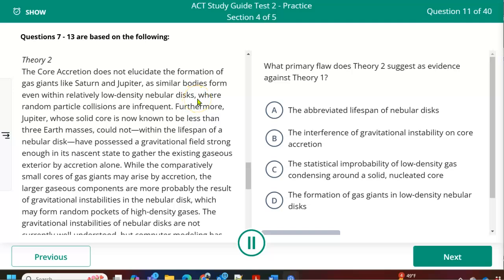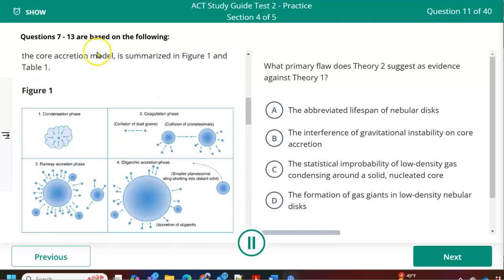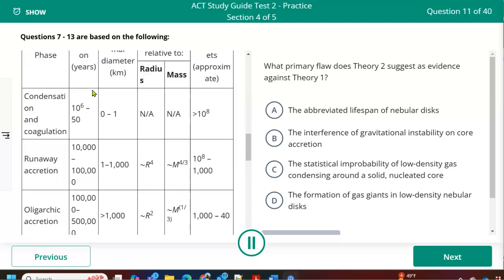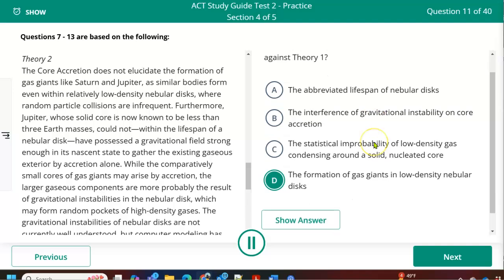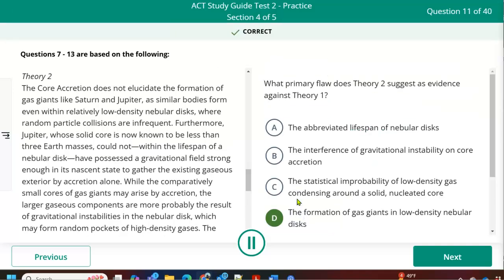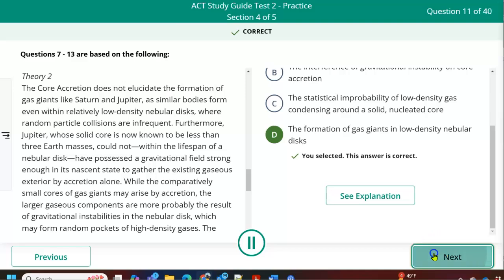All right, it seems like they've just come out and said it there, that the core accretion, which would be this up here, doesn't explain the formation of gas giants like Saturn and Jupiter. Okay. I'm going to go with that then. Formation of gas giants in low density nebular disks.